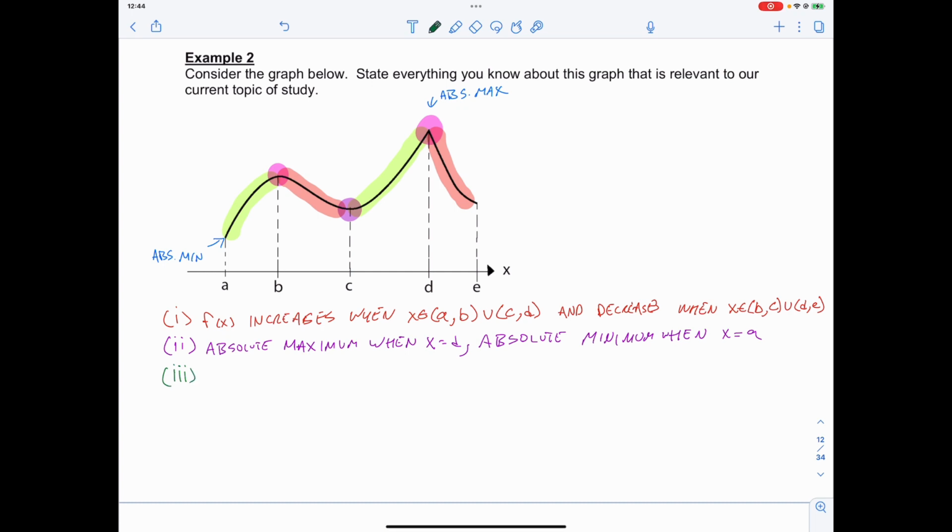We have a local maximum when x is equal to b or x is equal to d, and a local minimum when x is equal to c.